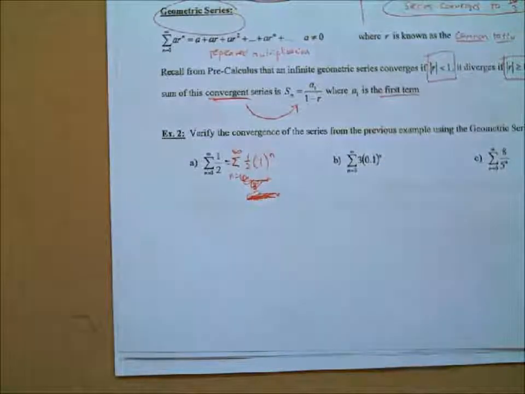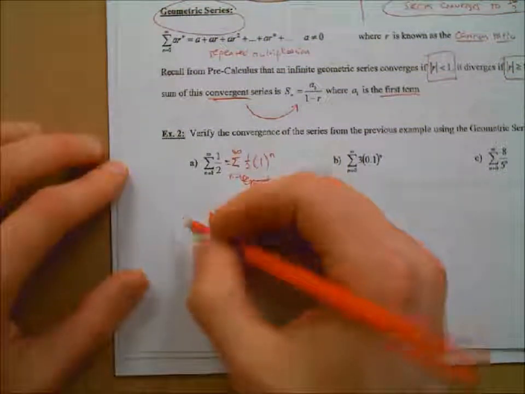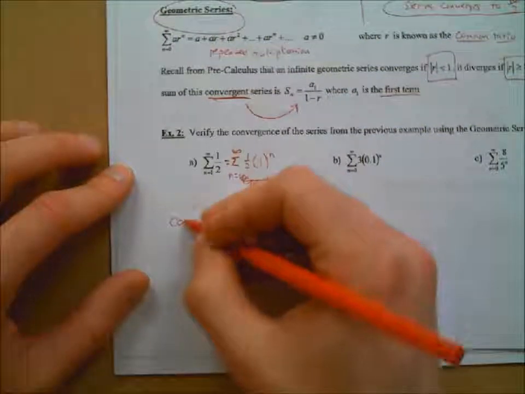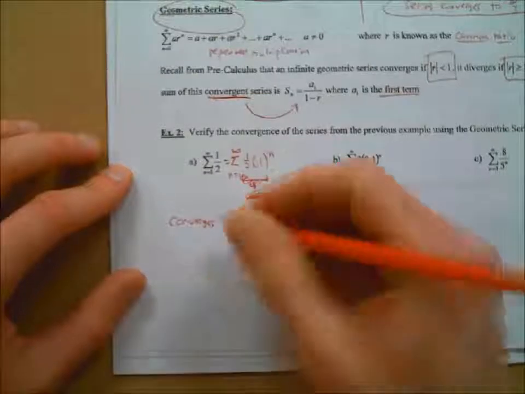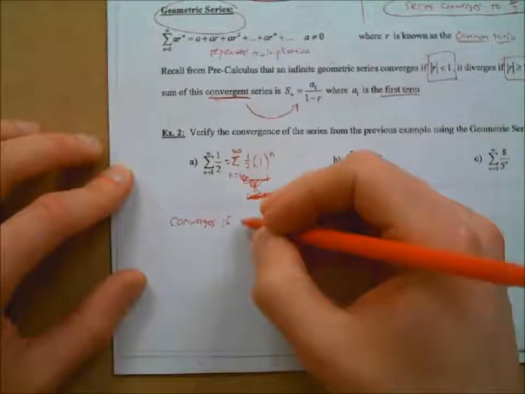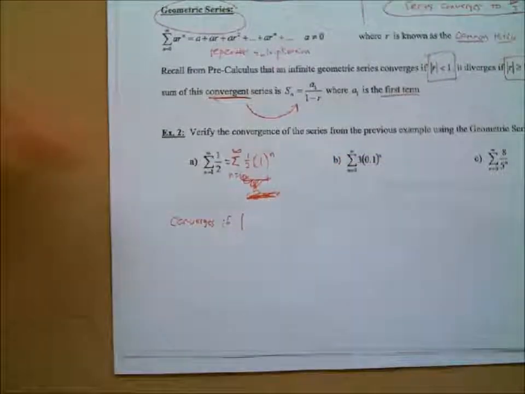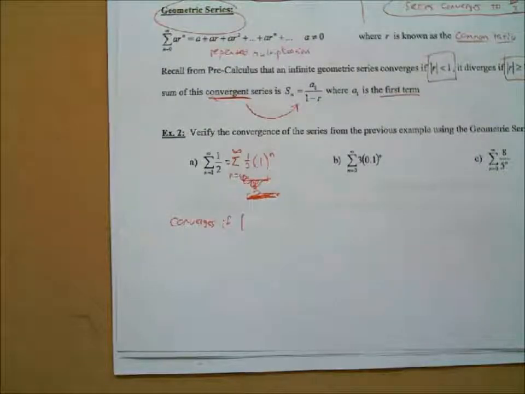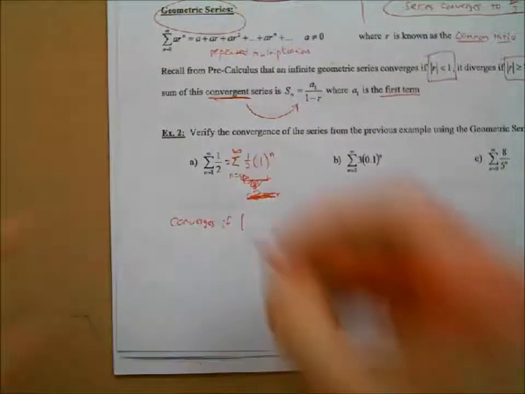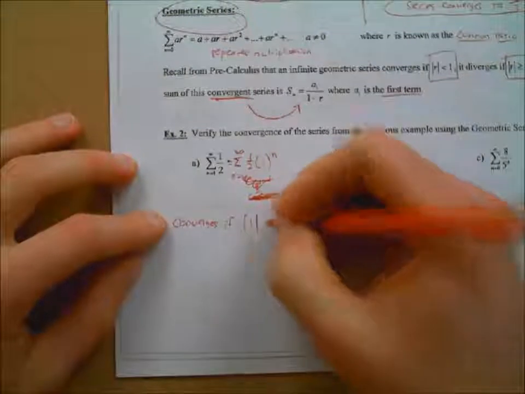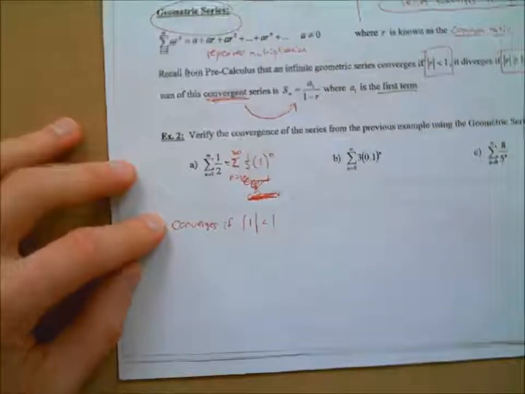So, what do we know about a geometric series? It converges if the absolute value of, what's our common ratio here? What's the number we're multiplying by repeatedly? 1, right? So it converges if the absolute value of 1 is less than 1. Is that true?